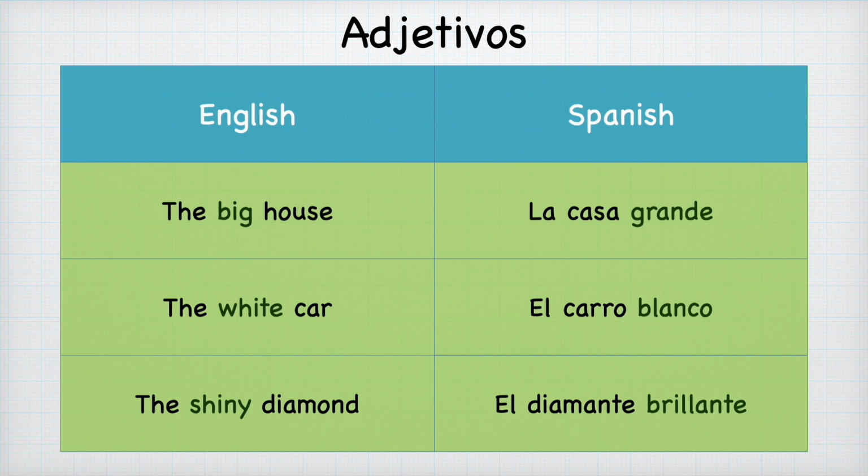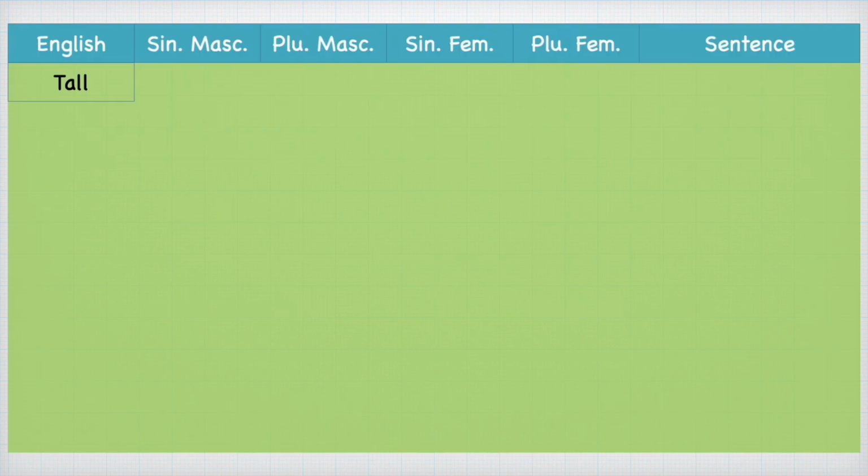We won't review colors today as I'll have a class on them very soon, but let's take a look at other common adjectives. So I'm going to show you the English adjective and then I'm going to show you the Spanish adjective in the different forms. So singular masculine, plural masculine, singular feminine, plural feminine, and then a sentence.